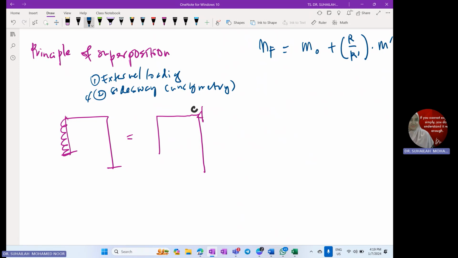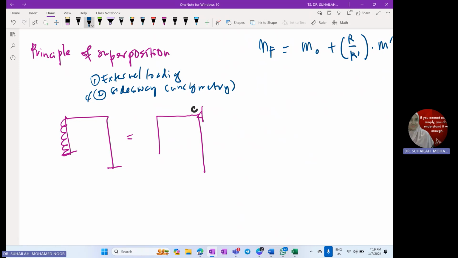We calculate FEM from external loading, and we can also calculate FEM due to delta, due to side sway. That is the idea why we have two tables: one table for external loading, and another table for delta. We have to separate these two tables. We cannot combine them.